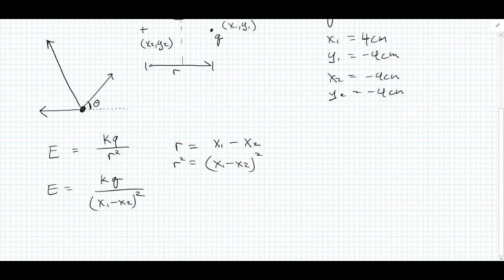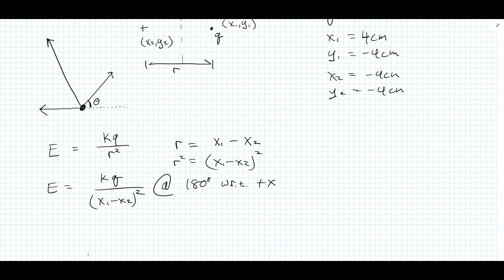Now that electric field is a vector, so there's a direction associated with that, and I can just tack that on now. I know that it's going to be at 180 degrees with respect to plus x. So this is plus x, 180 degrees to the direction that the field actually points. Alright, so I've got that one done.